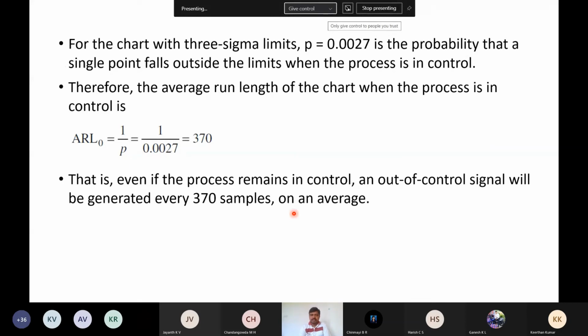If the ARL is 370, you can go for a sample size of 3, or you can go for 5. So based on this, you will get an idea for how many samples you will get a signal regarding out of control, or how many samples you will get a defective. The meaning of this is, for 370 samples, you may end up with 1 sample or 1 unit which is defective.